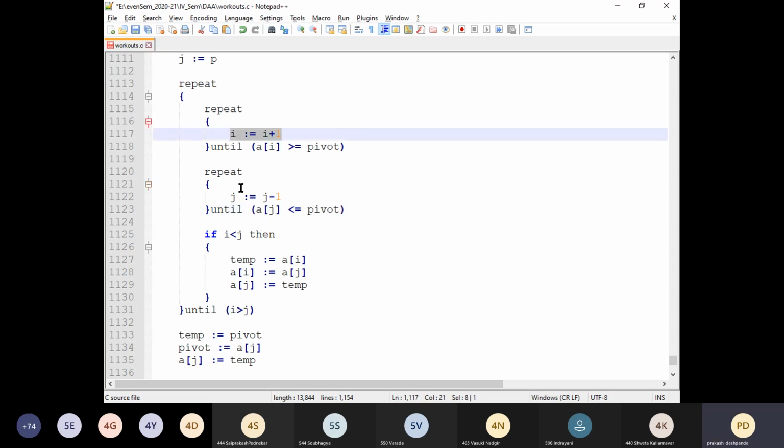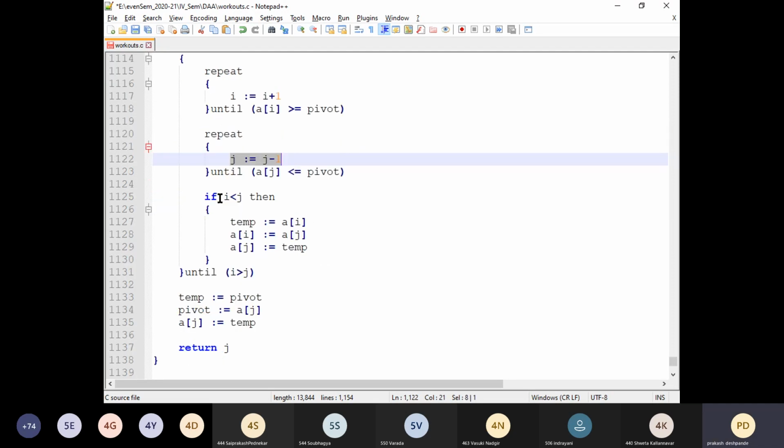Once you complete incrementing i and decrementing j, if i is less than j, then swap the values at the ith and jth positions. If this condition is still false, repeat the statement execution. Once it comes out of the repeat, swap the pivot element and the jth element and then return the partitioned position, that is j.